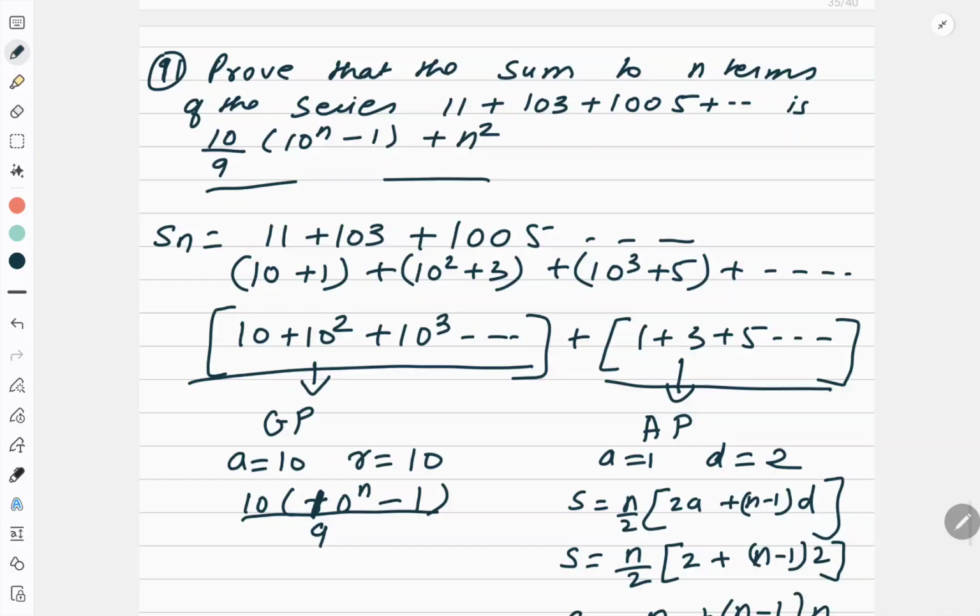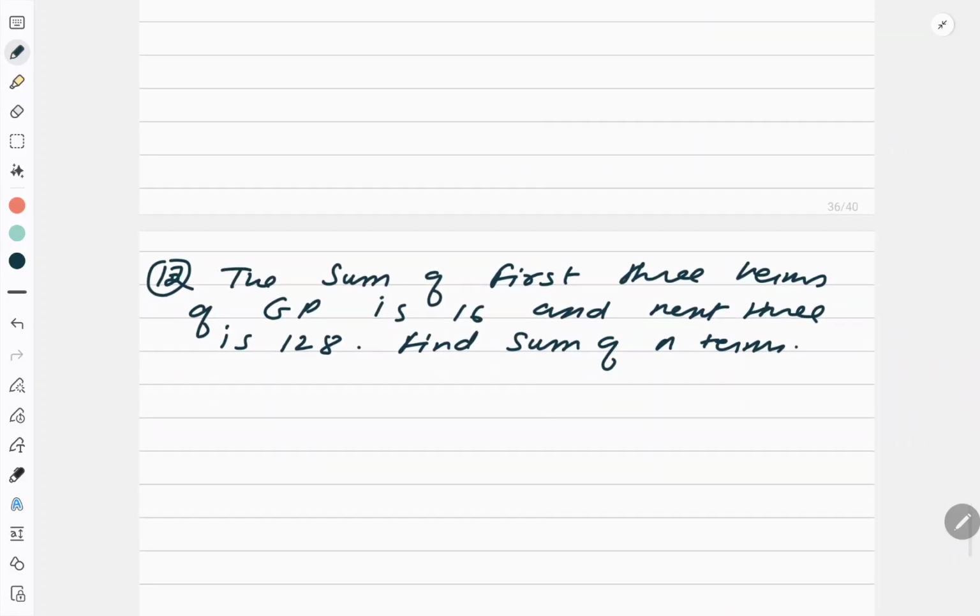Okay, this we have already done. Okay, now come to this. The sum of first 3 terms of GP is 16 and the next 3 is 128. Okay, so A plus AR plus AR square is equal to 16, given. Means A into 1 plus R plus R square is equal to 16. What is the other situation given?